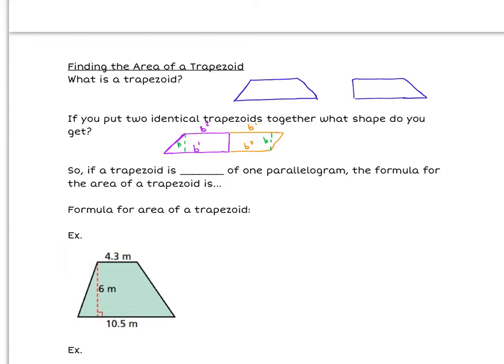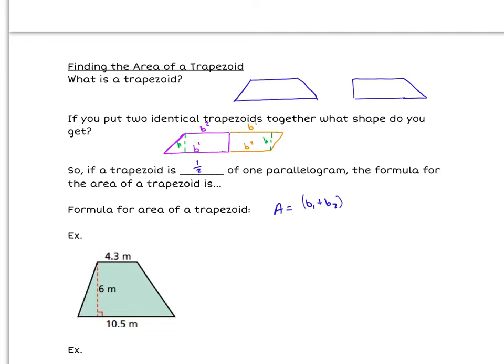So if a trapezoid is 1/2 of one parallelogram, the formula for the area of a trapezoid is area equals 1/2, base 1 plus base 2.